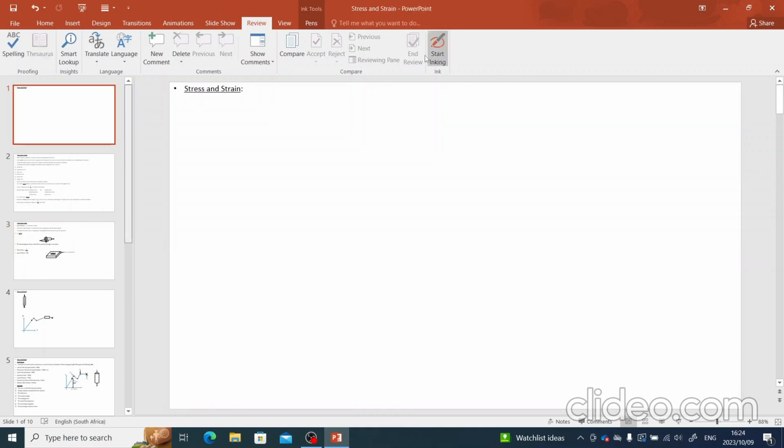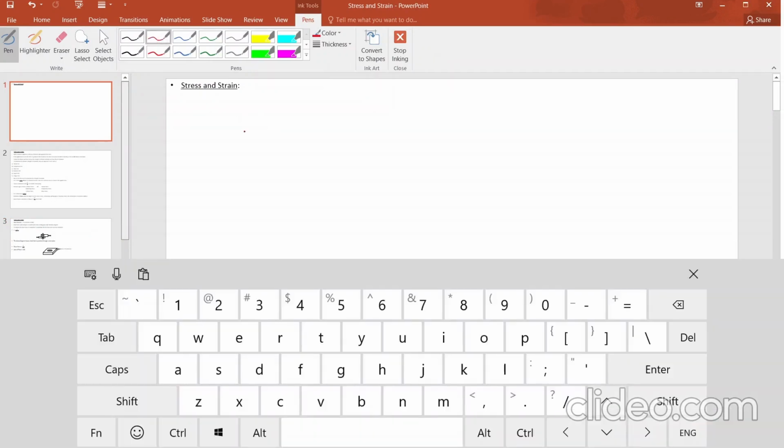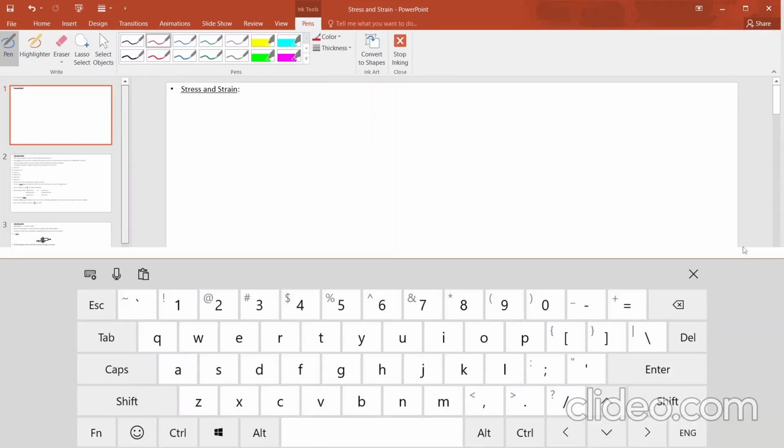Stress and strain is the continuity from N4.